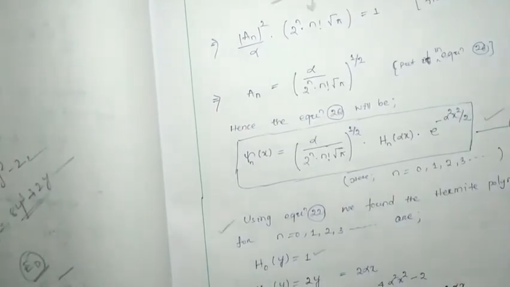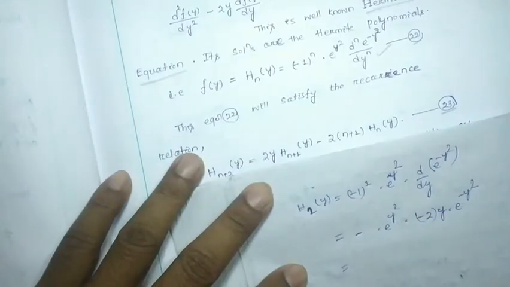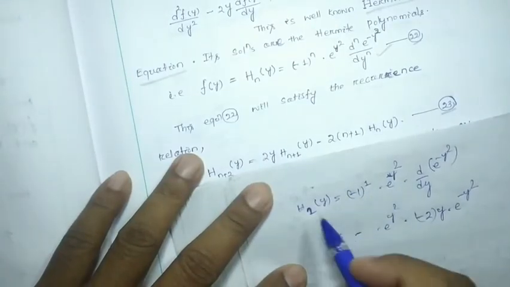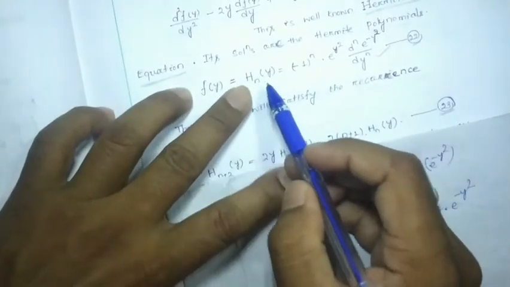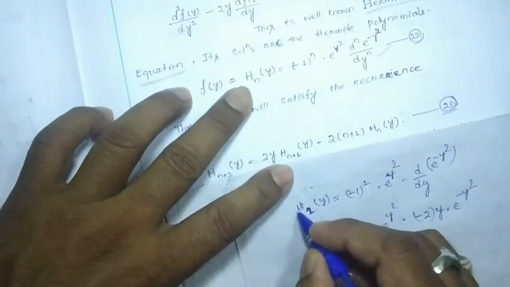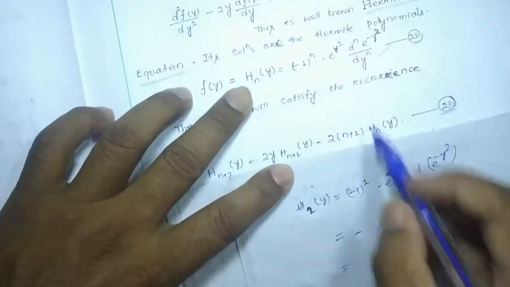Likewise, if we are going to find out the h1 value, then the value we are going to get is 2y. Here you can see we are going to extract the value of h1(y). h1(y) means n equal to 1, so minus 1 to the power 1, e to the power y square.